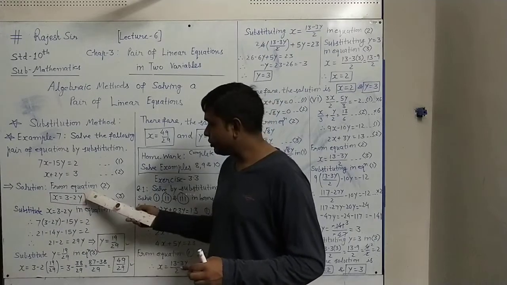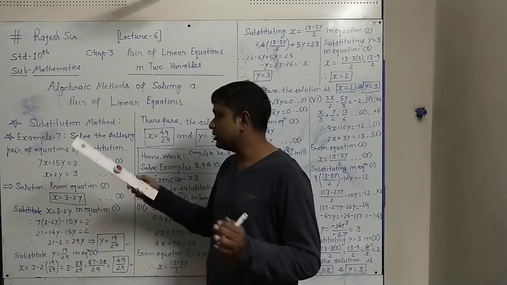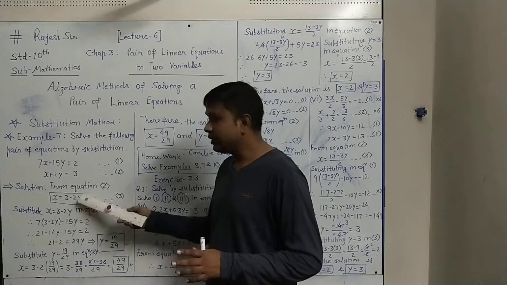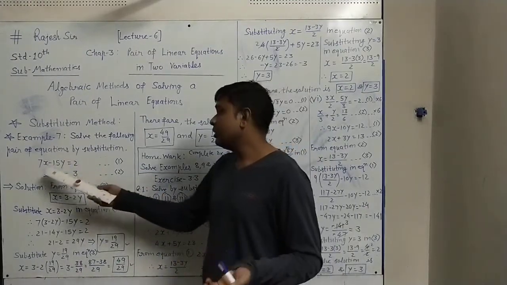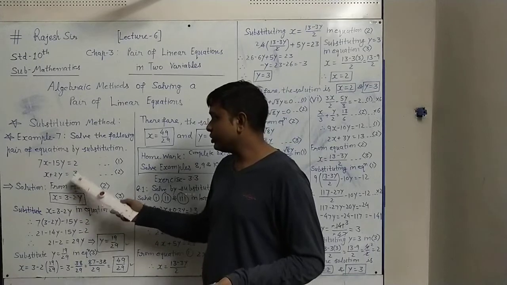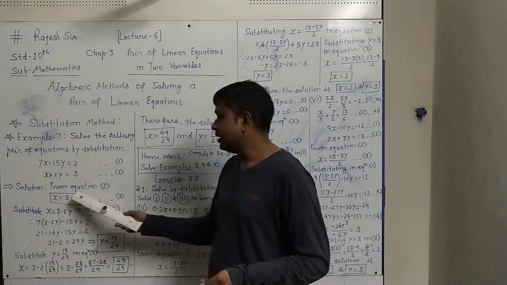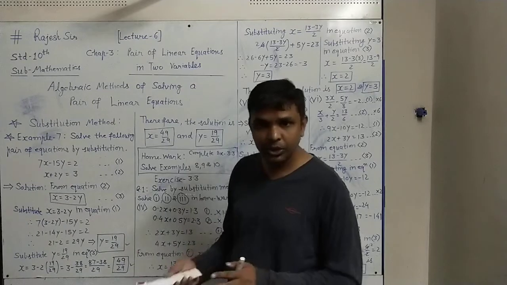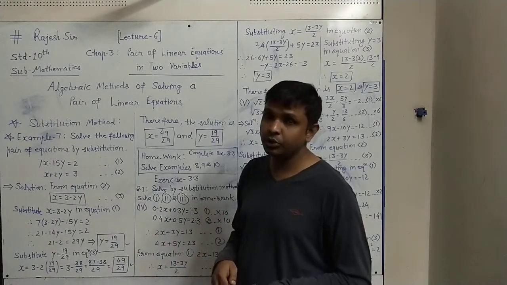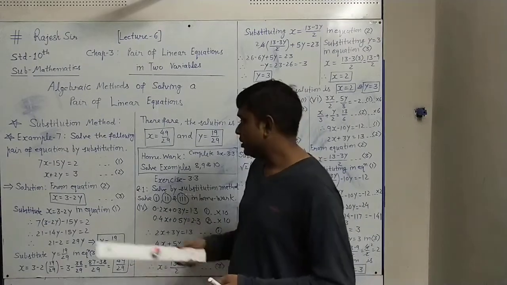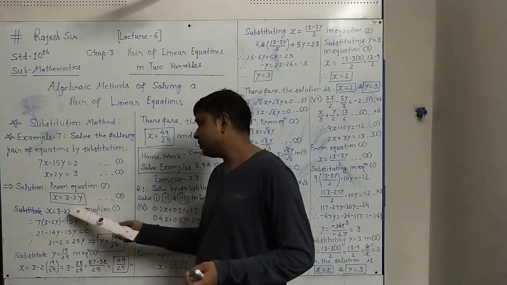If it is obtained from 2, you put it in 1. If we obtain the substitution from equation number 1, from which you get some substitution of x or y, then you have to put that substitution in equation number 2. Here it is taken from 2, so we put it in 1.